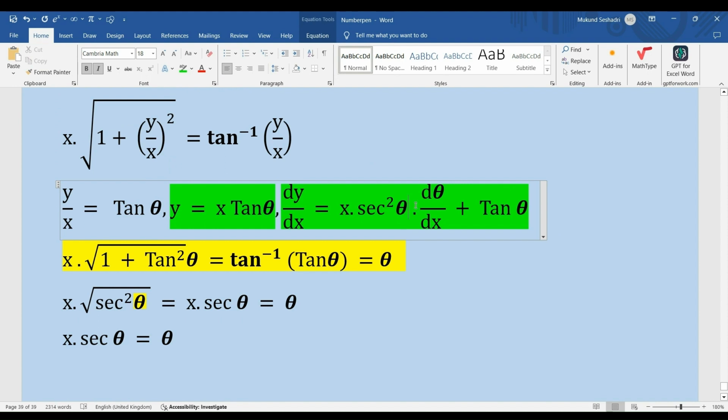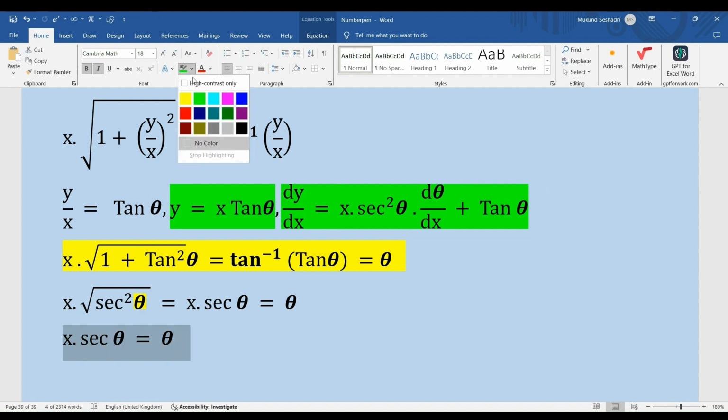Now, we know what is our theta, right? And we know what is our dy by dx in terms of theta and d theta by dx. So all that we got to figure out is what is my d theta by dx, right? So let's go to this expression, which I will highlight in yellow.